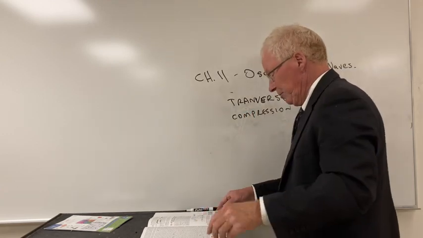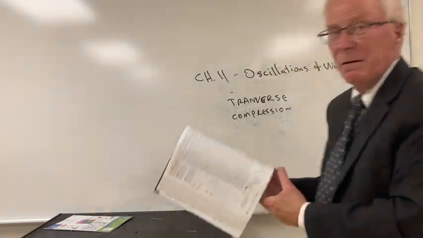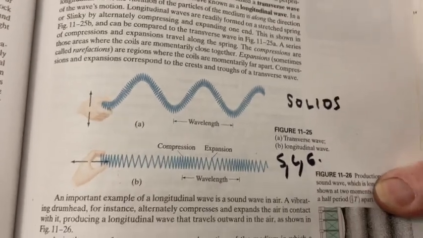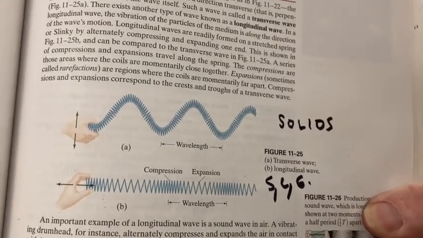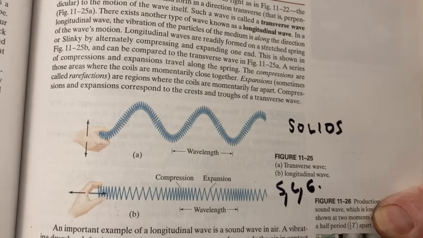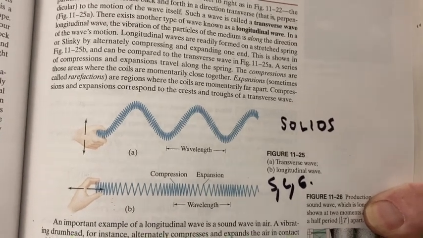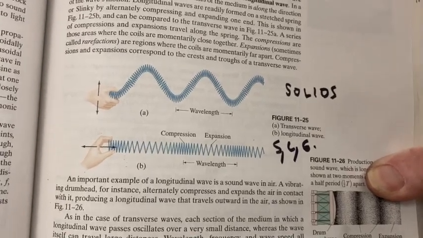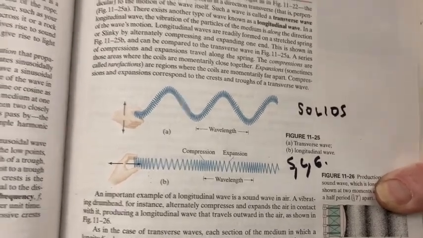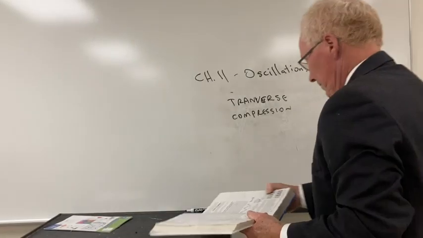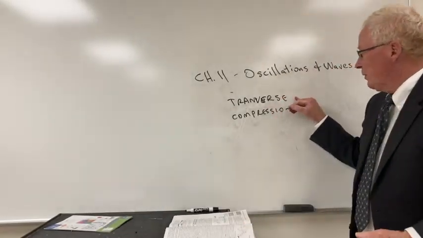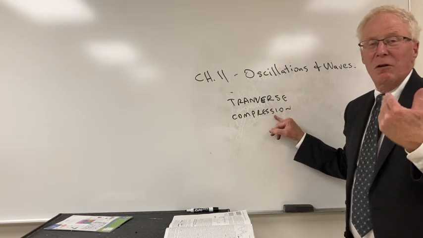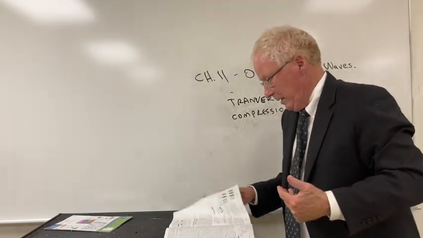I'll just show the picture again from the book, showing at the top a transverse wave. Notice that the spring vibrates up and down, but the wave goes to the right. In the compression wave, it vibrates back and forth, and the wave goes to the right. You call transverse waves, sometimes in solids, shear waves. Compression waves are also called longitudinal waves.